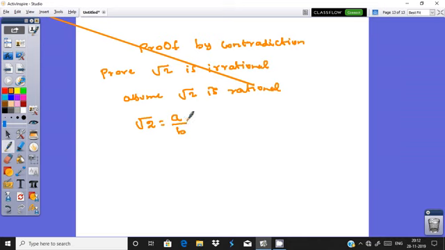A rational number is anything which can be written as a fraction. When you square this, you get 2 equal to a squared by b squared. Now cross multiply this. So 2b squared is equal to a squared.